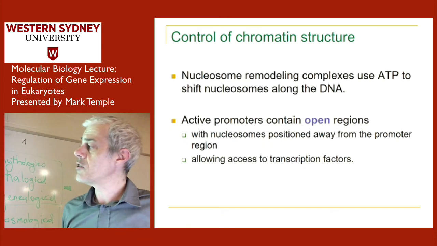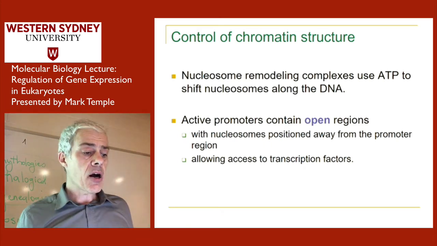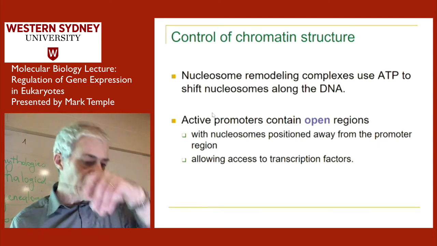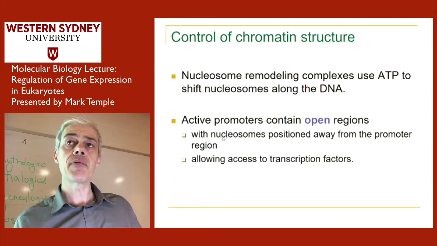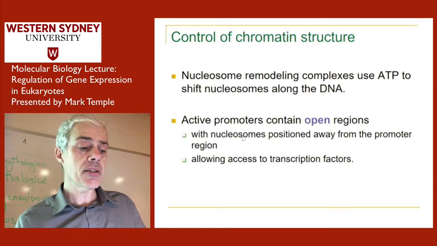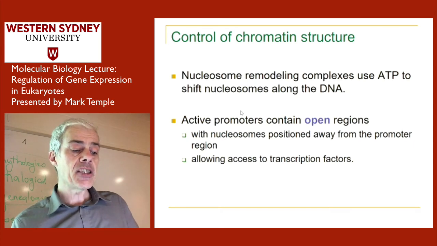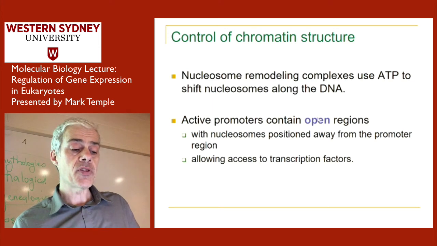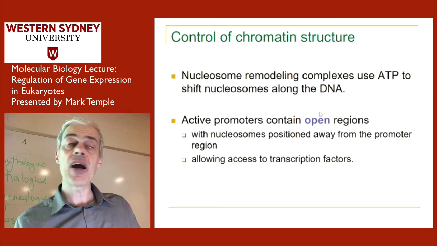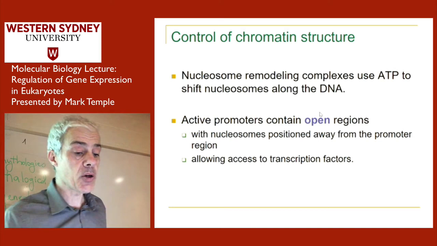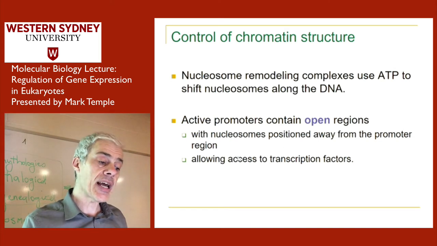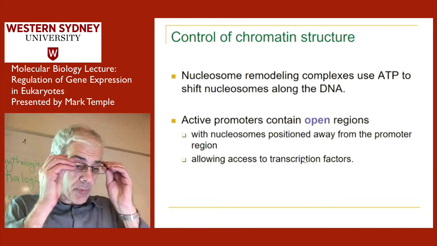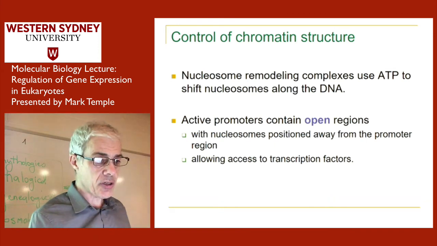So one way is to do that, and then what we discover is that active promoters, ones that are actively expressing genes, these active promoters are typically open regions of DNA, and so the nucleosomes have somehow been shifted away from the promoter region. Okay, and then this allows the access of transcription factors into the promoter region.